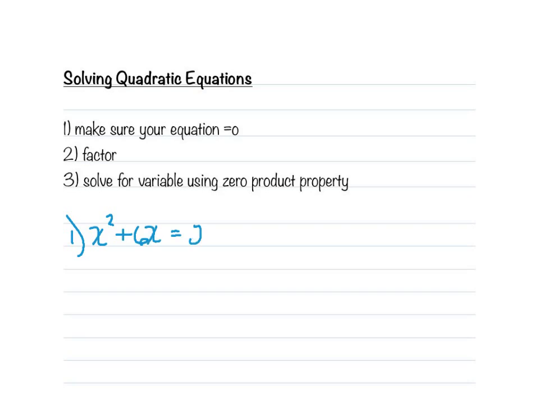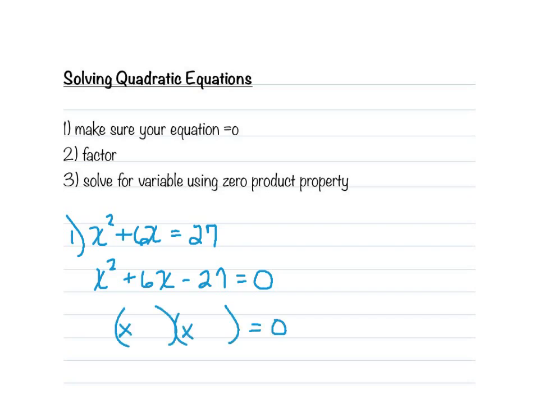Okay, my first step is to make this equation equal to 0, so I'll subtract 27 from both sides. I get x squared plus 6x minus 27 is equal to 0. Now I'm ready to factor this quadratic trinomial. So I know that I have x here and x there. I'm looking for a product and sum. Product is 1 times negative 27, so the product of two numbers is negative 27.